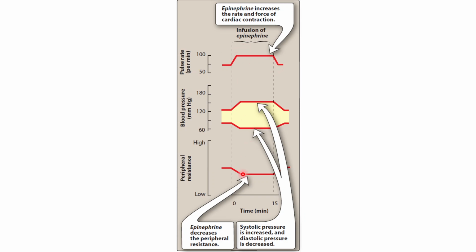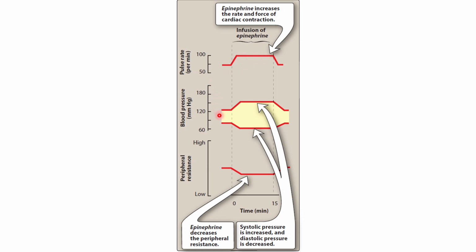So this is epinephrine injected intravenously, and we can see that epinephrine increases heart rate and contractility of the heart because of the direct stimulation of beta 1 adrenoreceptors in the heart.